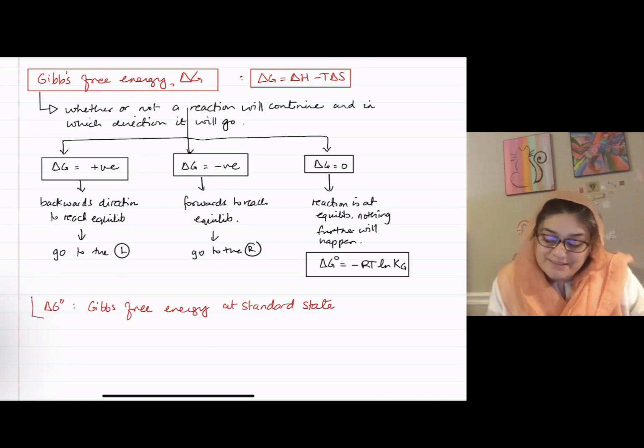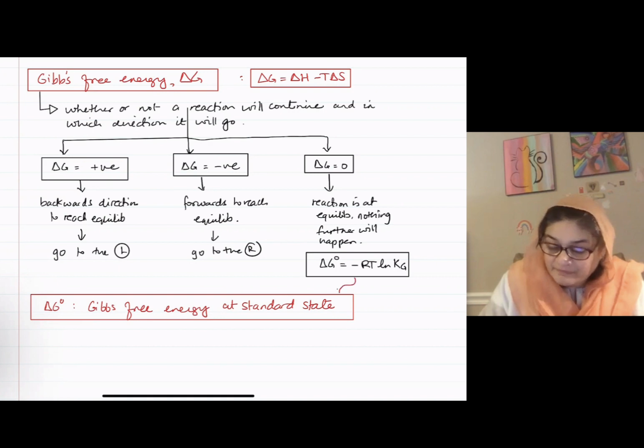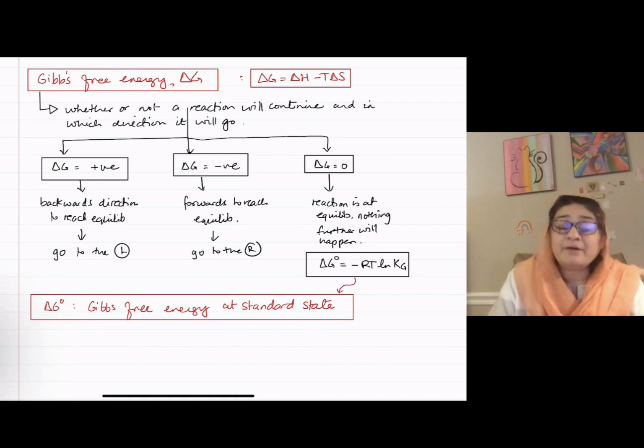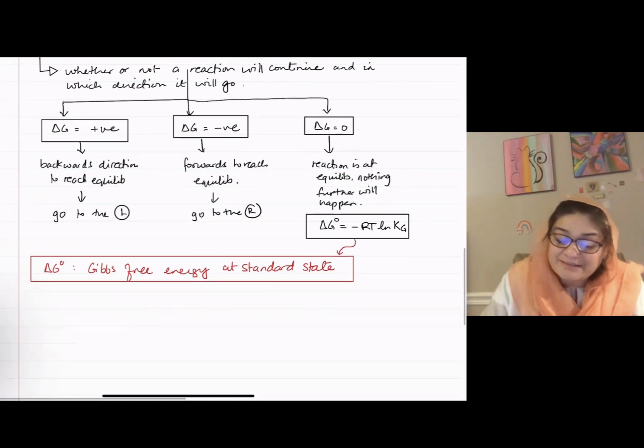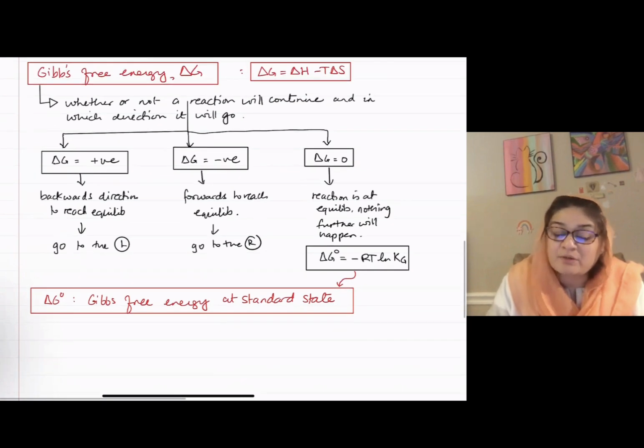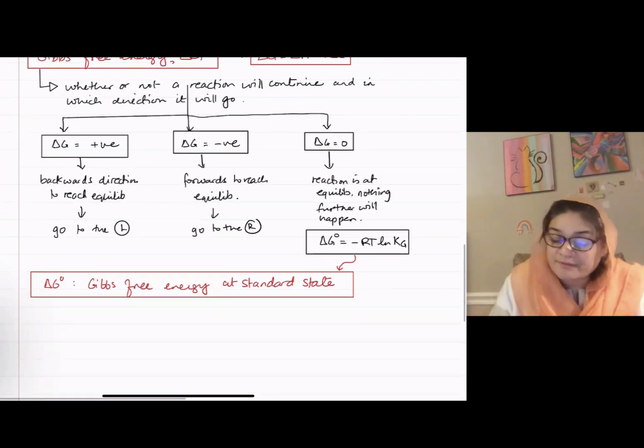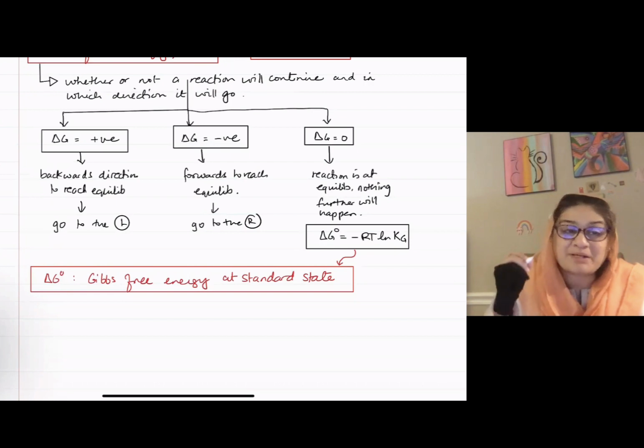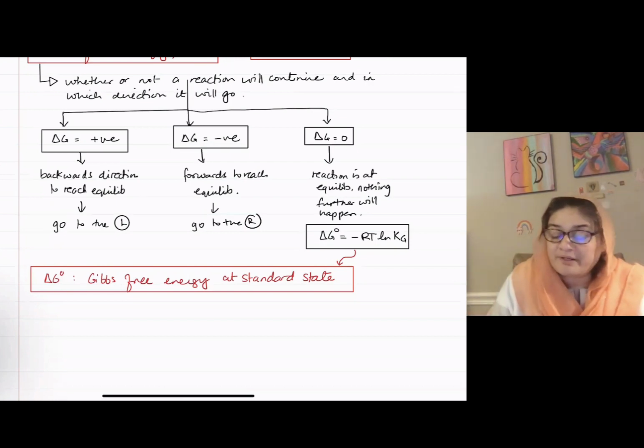So why is delta G0 important? Now, remember, delta G tells us whether or not a reaction will continue, and what direction it will go. But it doesn't quite tell us whether the reaction is spontaneous or not. So in order to figure out whether the reaction is spontaneous or not, we require delta G0.